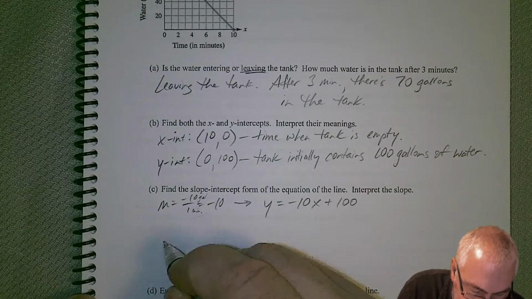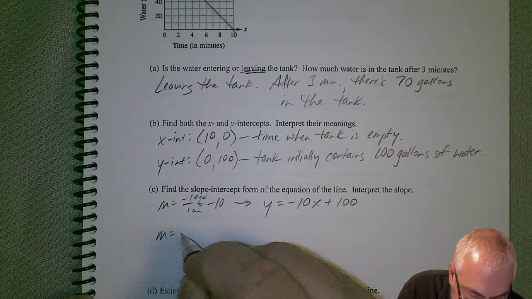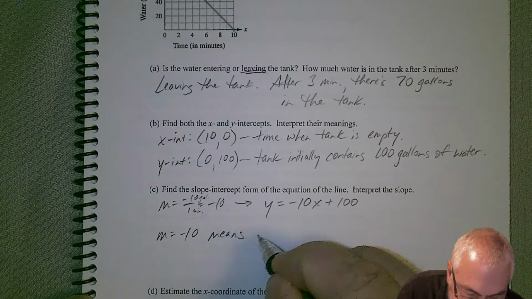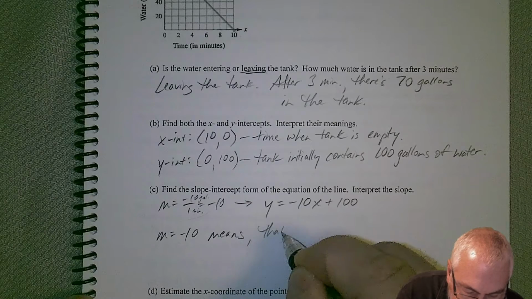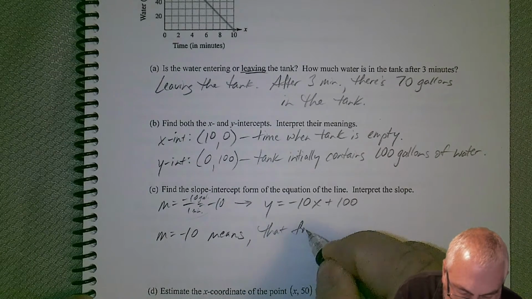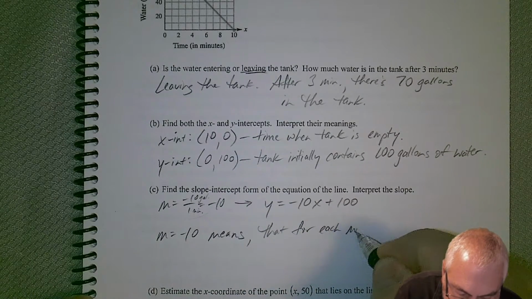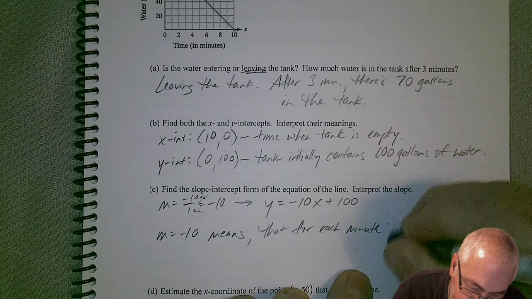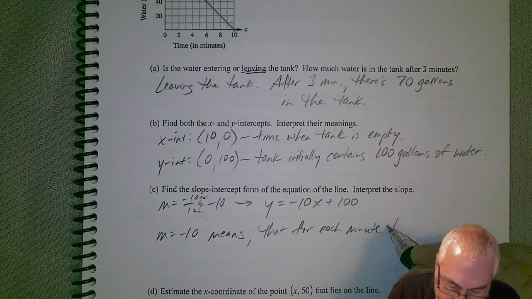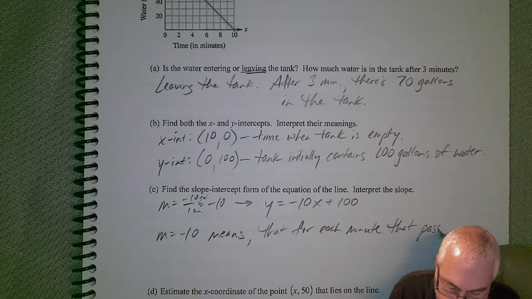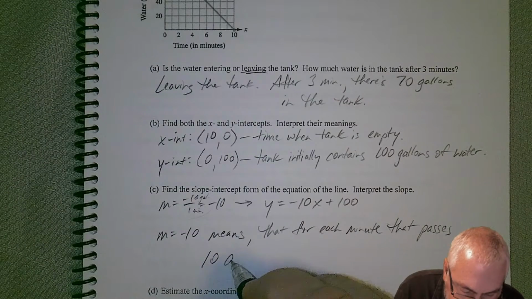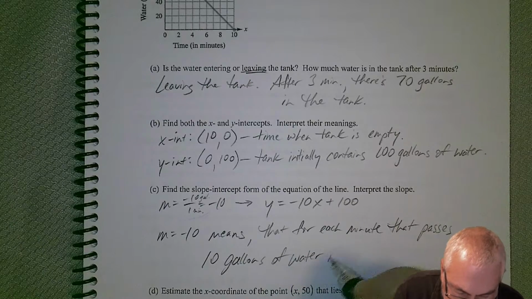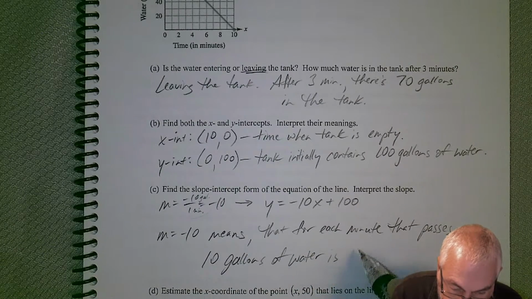So a slope of -10 means that for each minute that passes, 10 gallons of water is lost.